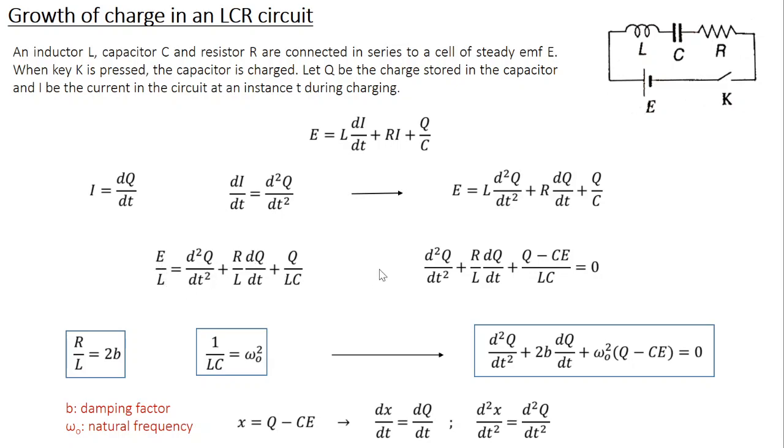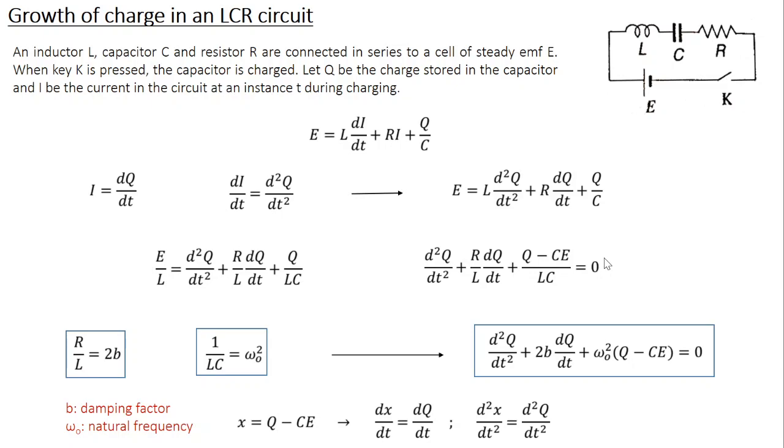Or take E by L to the right hand side, and you can write d square q by dt square plus R by L into dq by dt plus q minus CE by LC equal to 0.